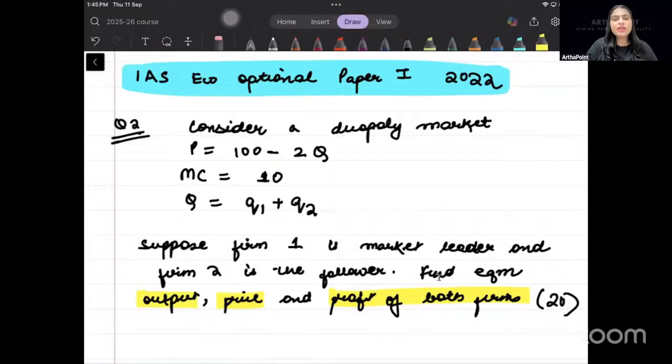So we know that whenever we have to solve a Stackelberg model, we always follow backward induction.